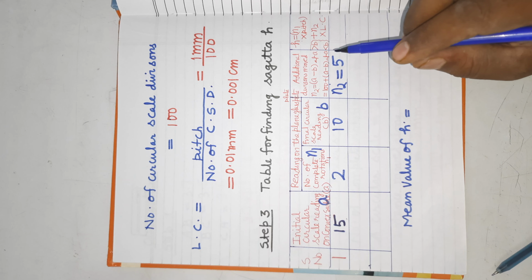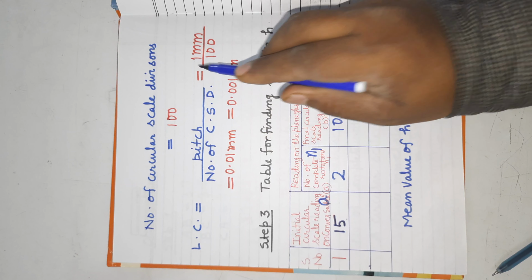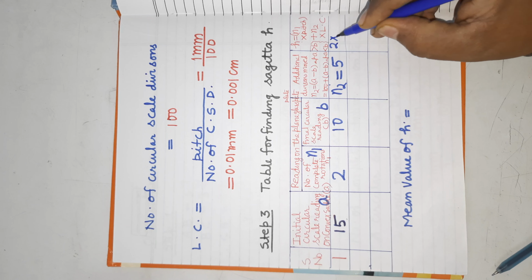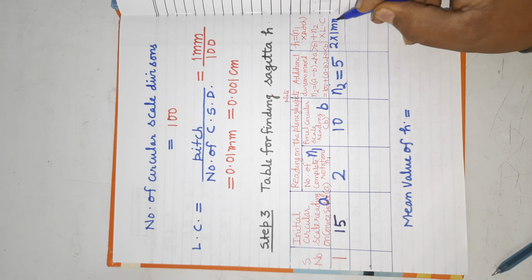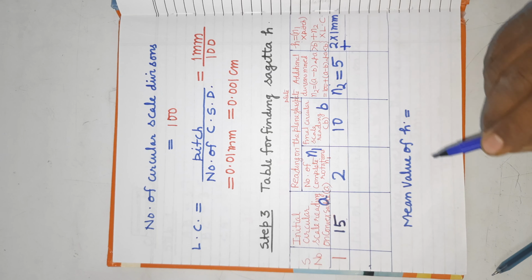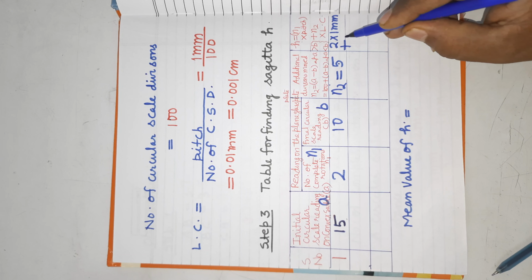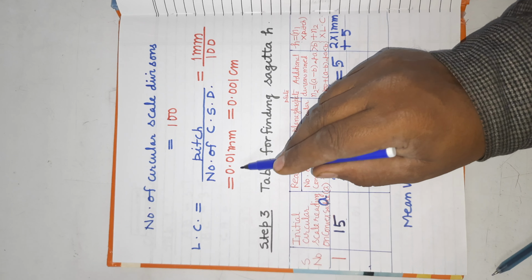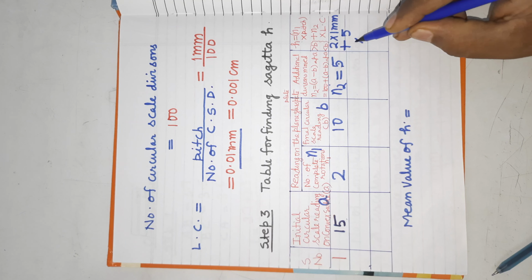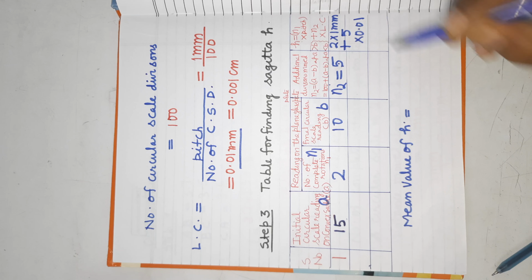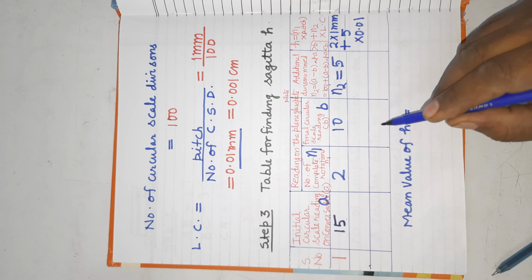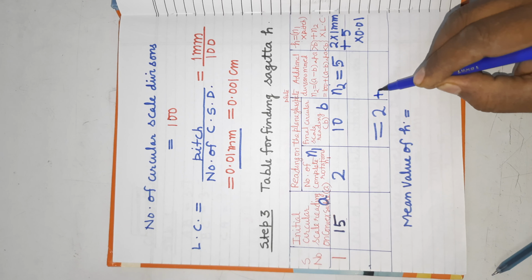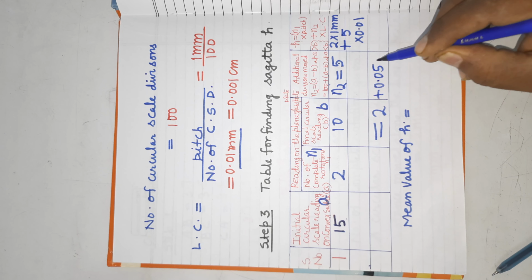Pitch I have already told is equal to 1 mm. So N1 into pitch is 2 into 1 mm, plus N2 into least count, where N2 is 5 and the least count in mm is 0.01.